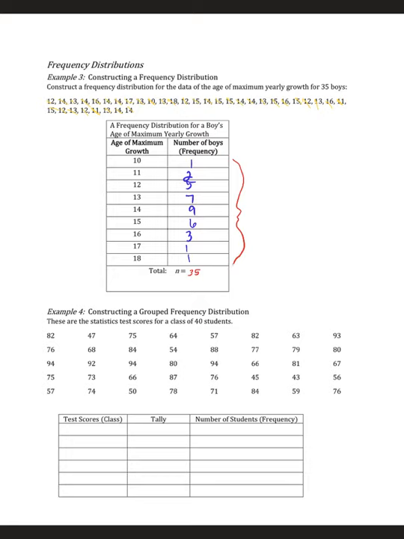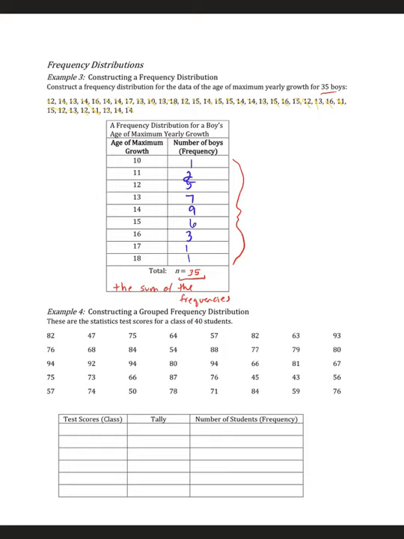We know it should be 35 because that also tells us how many boys there were in the original problem. What we say about this number is that this is the sum of the frequencies. The sum of the frequencies here is going to be 35.